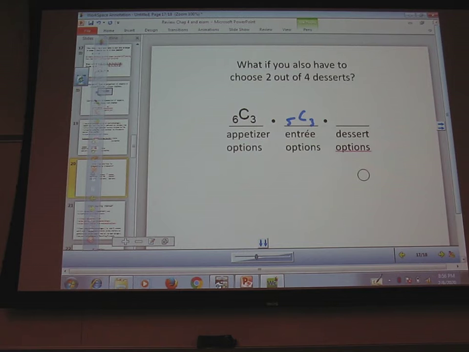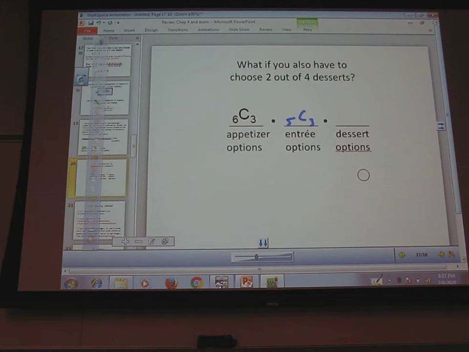So for every way that I can pick 3 of these 6, I have 5 choose 3 ways of picking from this side of the room. So I have 6 choose 3 times 5 choose 3 ways of getting 3 students out of this group and 3 students out of that group.